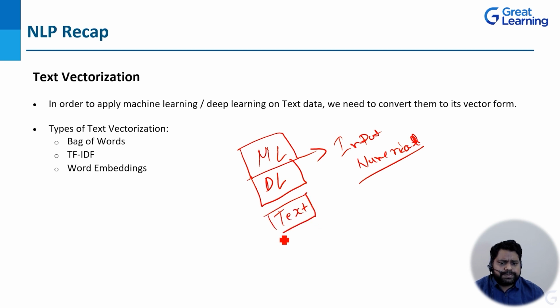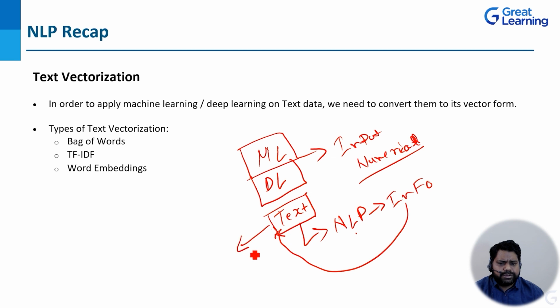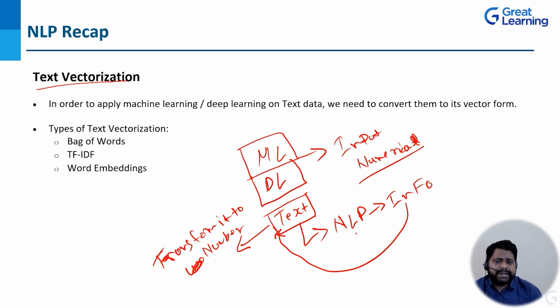So if we want to apply NLP and extract information, first we need to transform the text to numbers. This process is known as text vectorization. So we are creating vectors of the text.